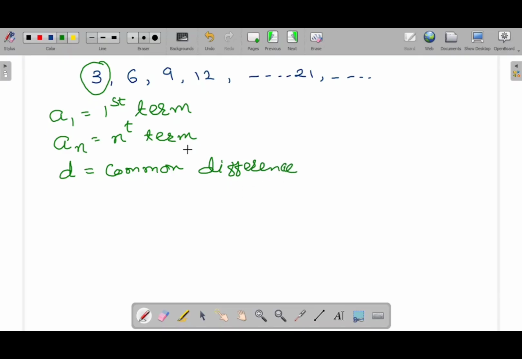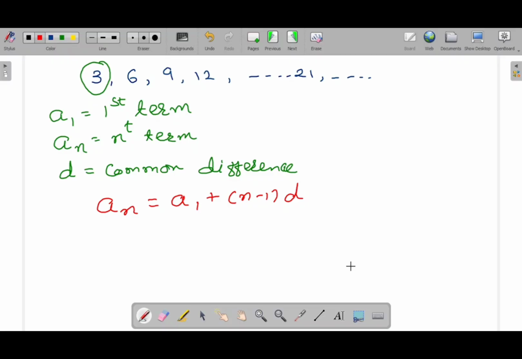And from these terms, we have a formula: an equals a1 plus n minus 1 into d. In today's topic, we are going to do sums based on this formula.